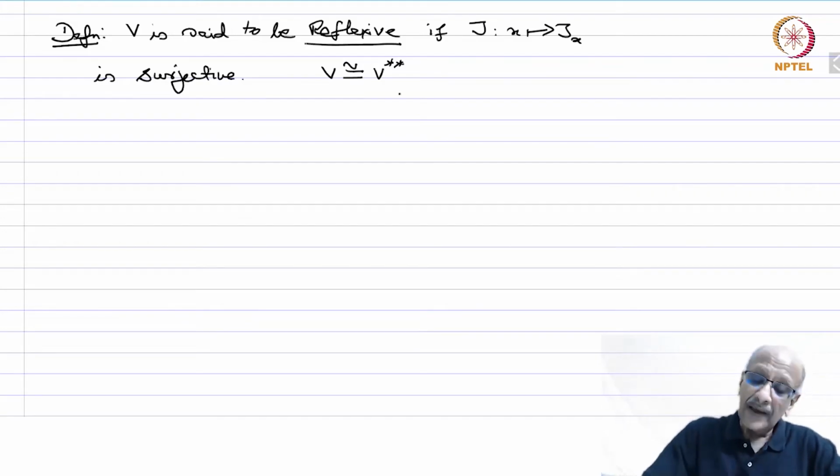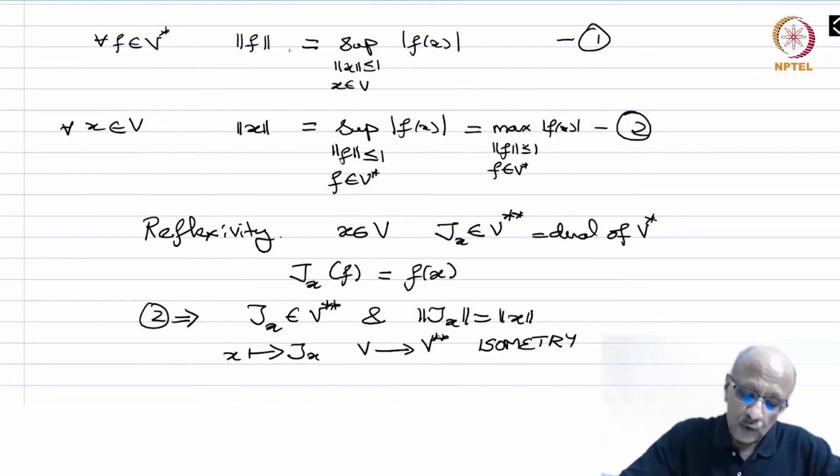So now if you apply relation 2 for V star instead of V, then because of this isometry, you will get that the supremum is attained in 1 also if the space is reflexive. So you just apply number 2 with V star replacing V, and therefore here you will get V double star, and that will be just V again.